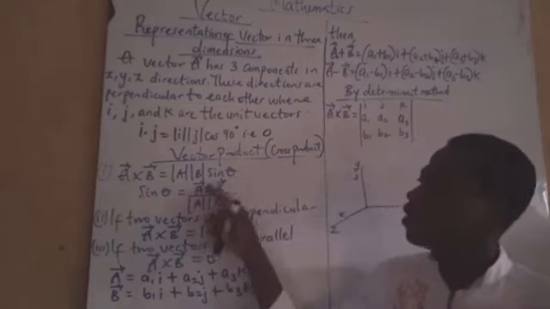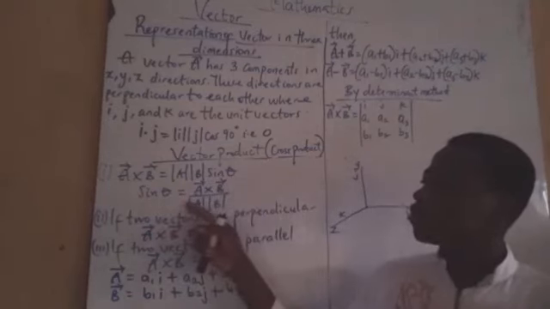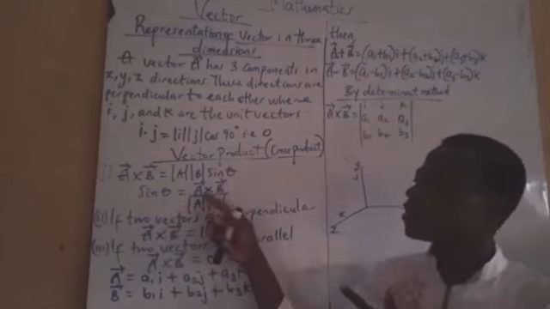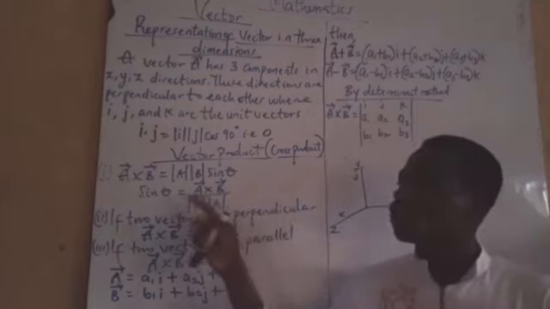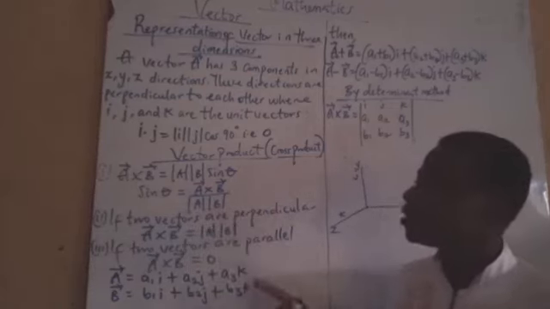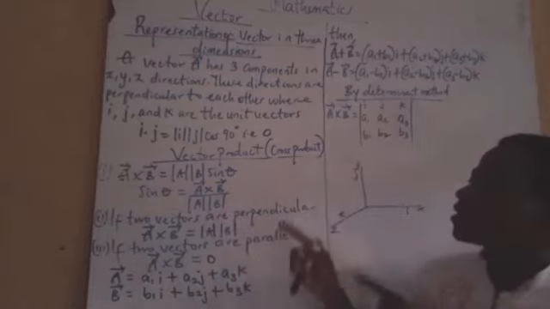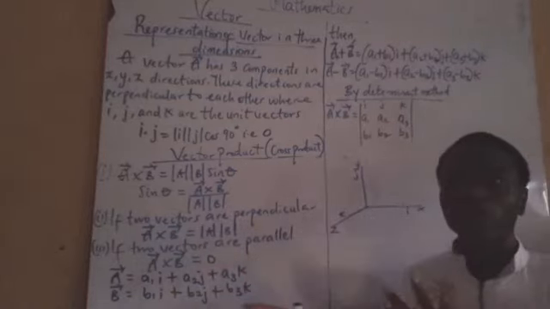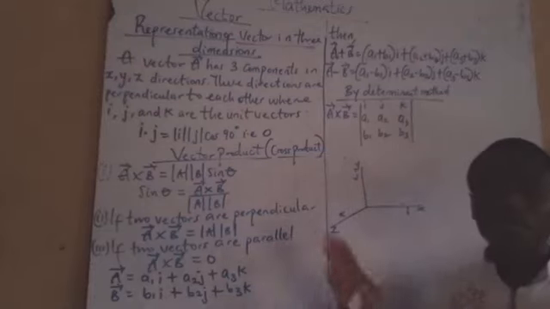Now, if you are trying to make sin theta the subject of the formula, so sin theta will be equal to magnitude of vector A cross vector B over magnitude of A times what? Magnitude of B. Now, as we said previously, when it is perpendicular, theta is 90 degrees.